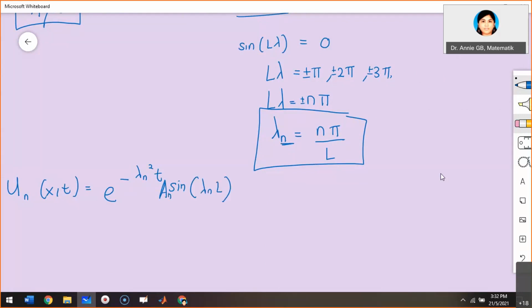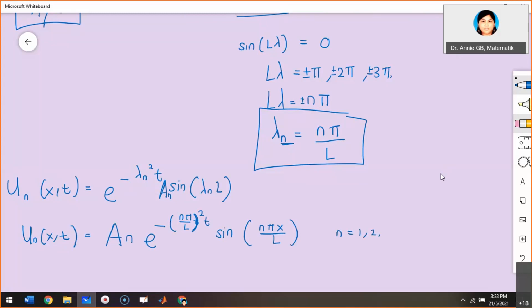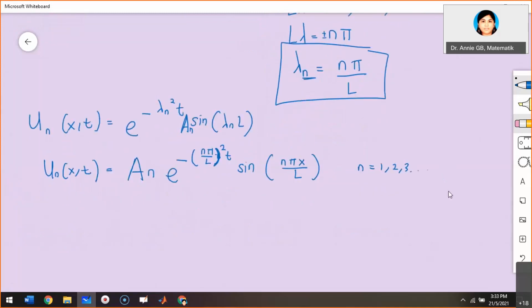Okay, now saya akan letak lambda sebagai n pi over L. So saya ada macam ni: A_n eksponen negatif lambda_n squared, so dia akan jadi (n pi over L) squared t, sin n pi x over L for n equals to 1, 2, 3, and so on. Okay, so this is the solution that you get from the boundary condition.